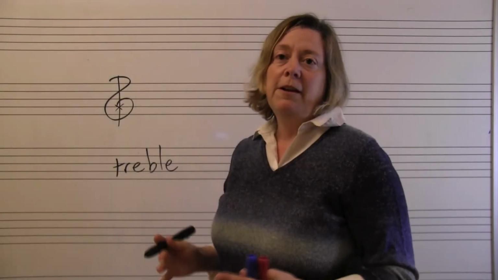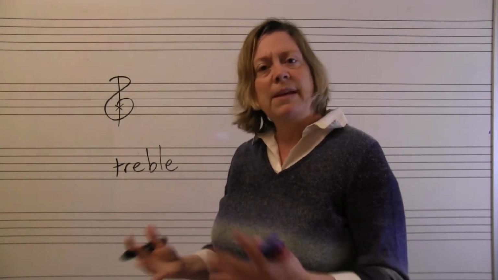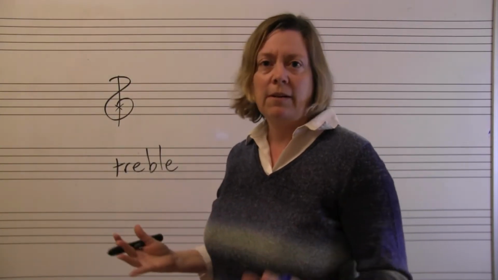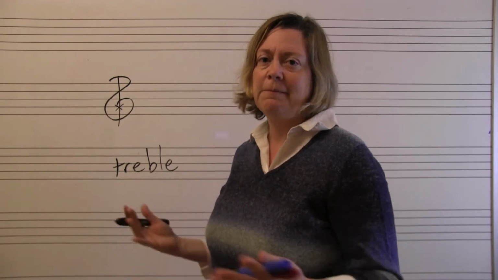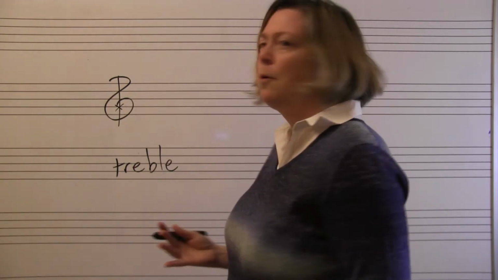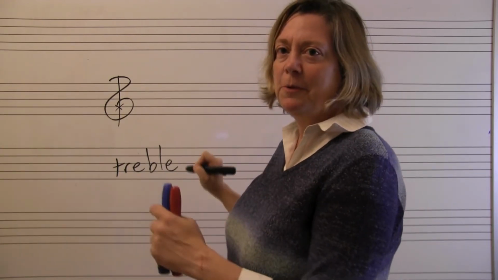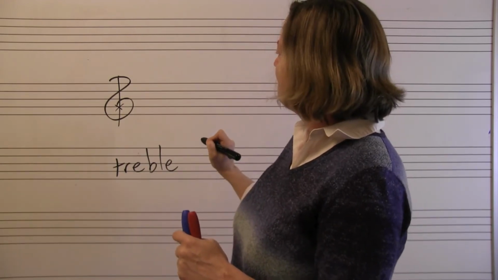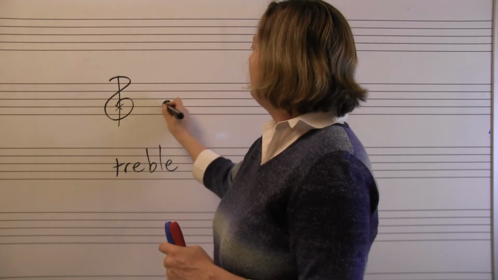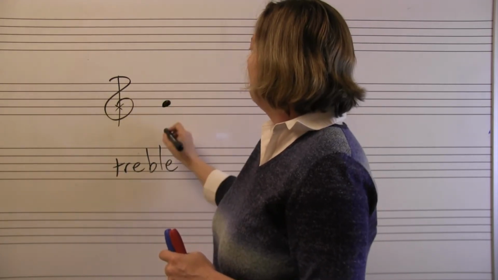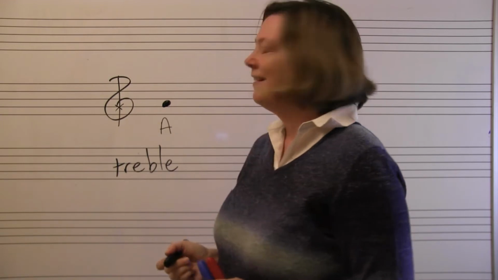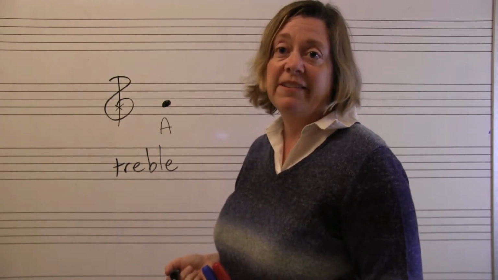In this treble clef, you want to be kind of quick at being able to know what notes attach to which lines and spaces. So if I say, quick, let's write an A. All right, you think, which one am I going to write? Well, there's an easy A. That's a good A, right in the middle of the staff.